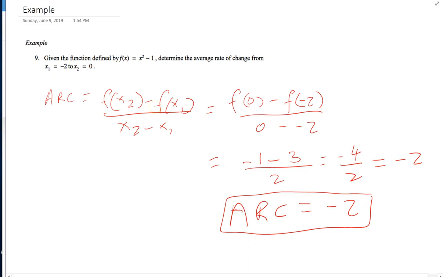Again, you use the formula f of x sub 2 minus f of x sub 1 over x sub 2 minus x sub 1 to find the average rate of change. And in this example, we got negative 2 as our average rate of change, right?